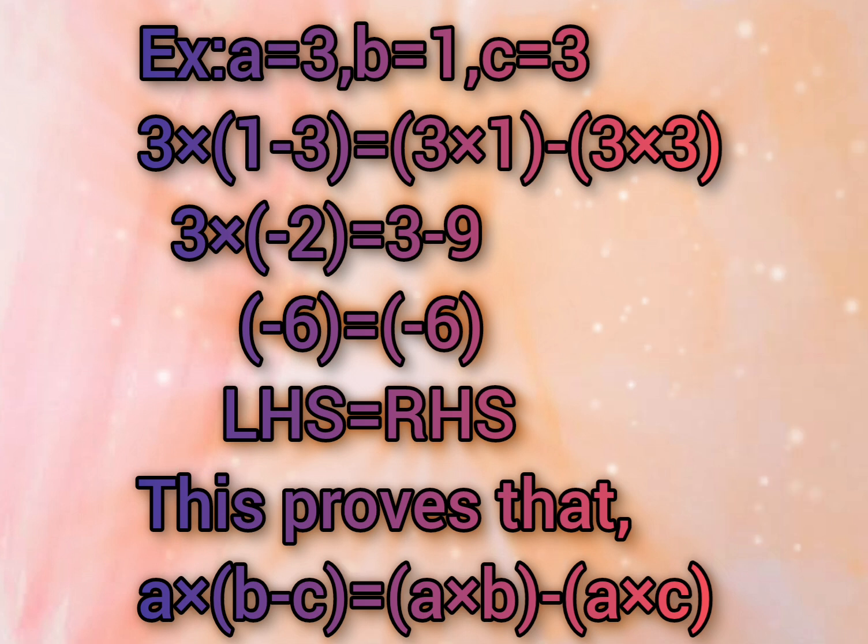We can first calculate the left hand side. 1 − 3 is equal to −2. So we will get 3 × (−2) is equal to −6. Now we will calculate the right hand side. 3 × 1 is equal to 3 and 3 × 3 is equal to 9. 3 − 9 is equal to −6. So LHS is equal to RHS. So this proves that a × (b − c) is equal to a × b − a × c.